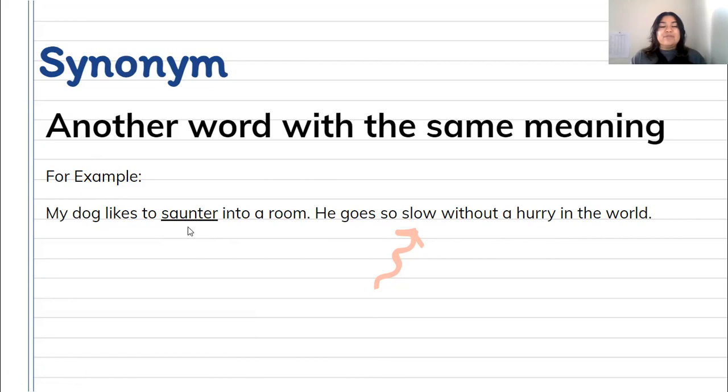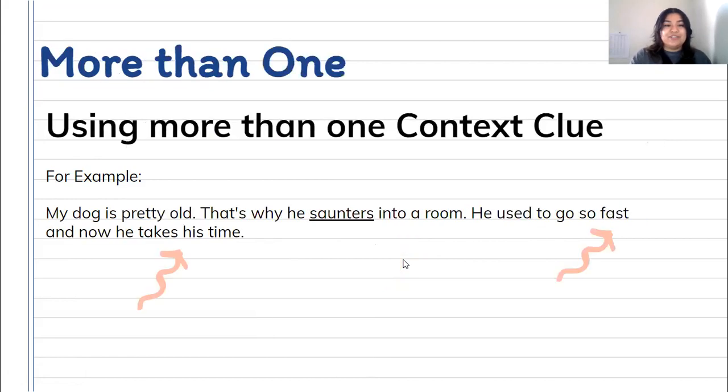So again, we have that dog who is sauntering into a room, right? And then the following sentence, or our context clue sentence here, says he goes so slow. So that right there tells us what saunter could mean. Could mean that he's just a slow dog, right? So those are the context clues.